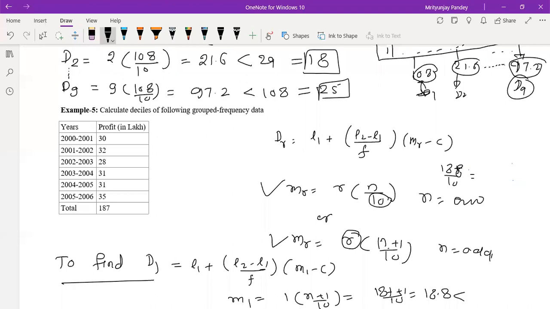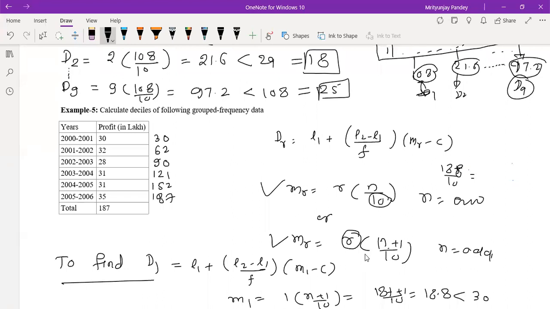But before that, you have to find cumulative frequency. Tell me. This is 19, 121, 152, and 187. So 18.8 is just less than 30.